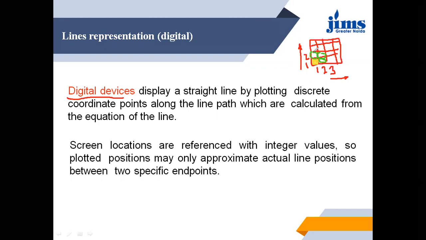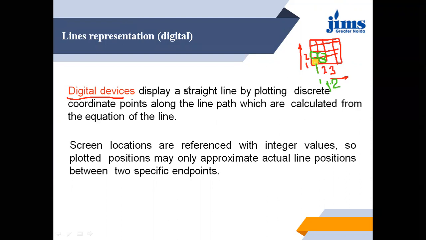These are three different possibilities. But suppose the value is 1.2; there is no option to draw a pixel whose coordinate is 1.2. This is the reason we face some problem drawing a line in digital.